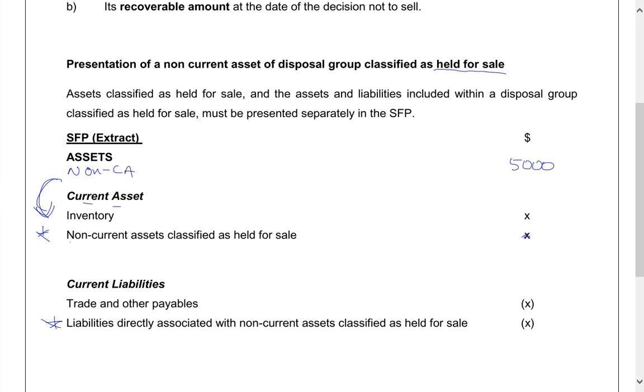The lower of carrying amount and 47, so we take 47. From 5,000, I reduce it by 300. What do I do with the 300? Charge to P&L. It's an impairment.